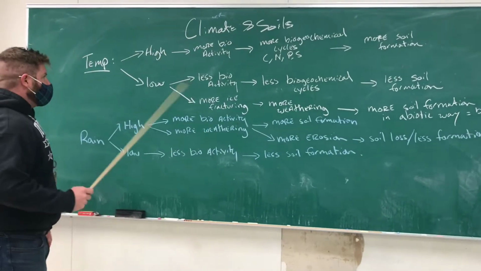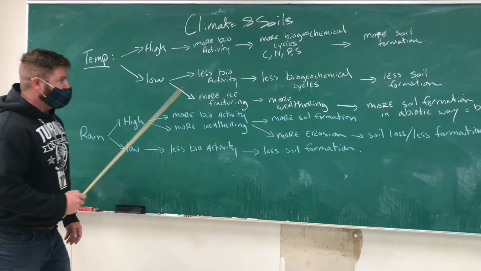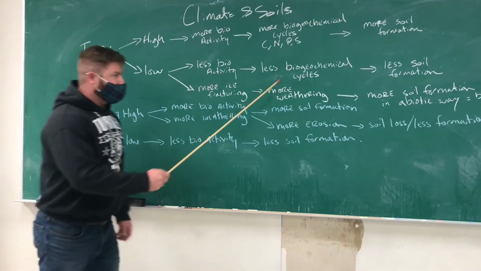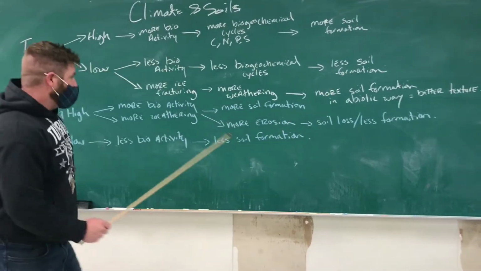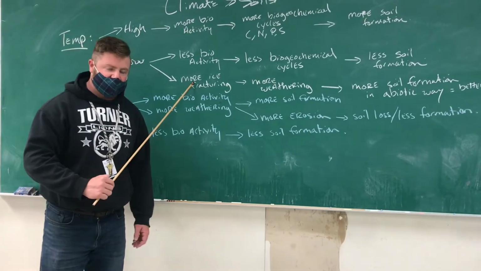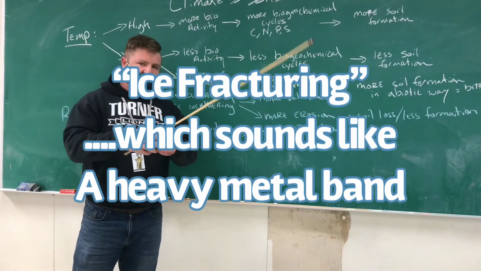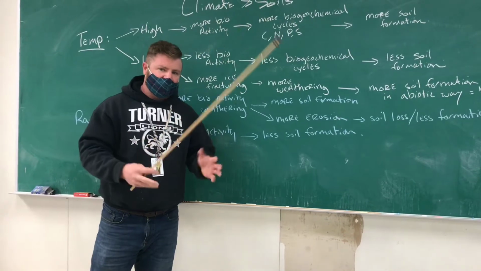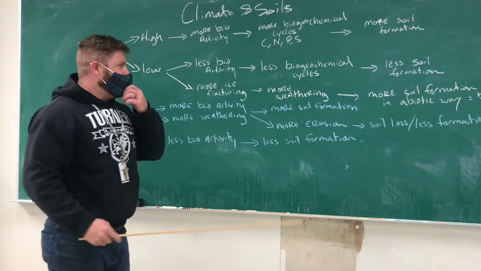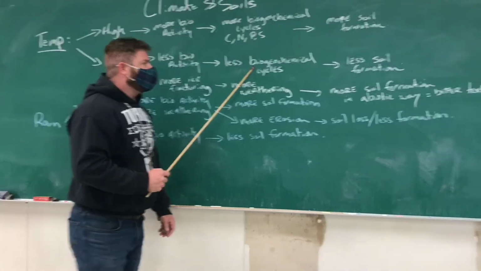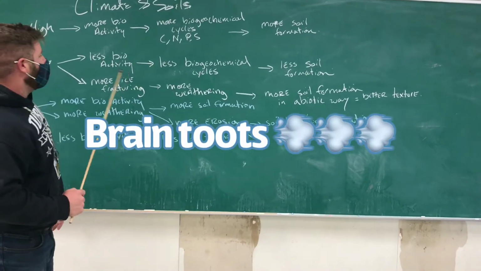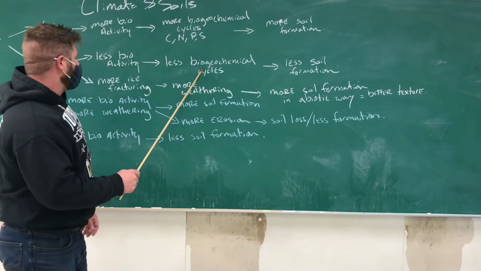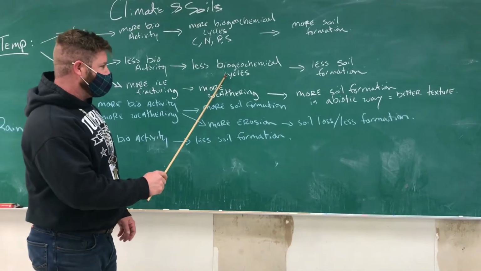Now, if we have low temperatures, we're going to get less biological activity, which means less biogeochemical cycling, which means less soil formation. But we can have ice fracturing. That's where water gets down in a crack, and then it freezes and expands and cracks the rock. You learned all that in like second grade. Now, we've got less biogeochemical cycling if we have less biological stuff.